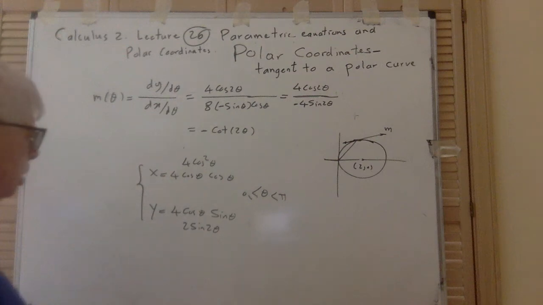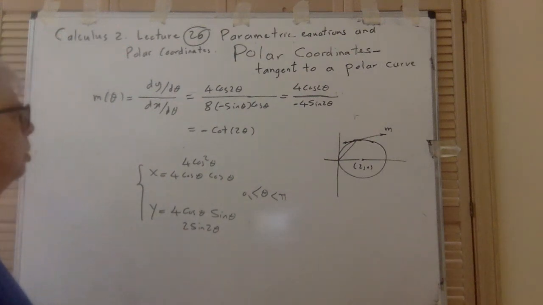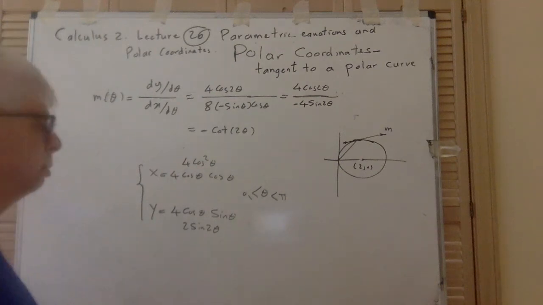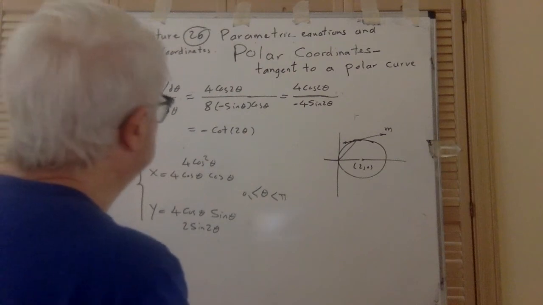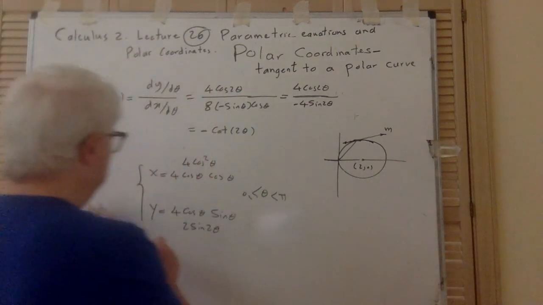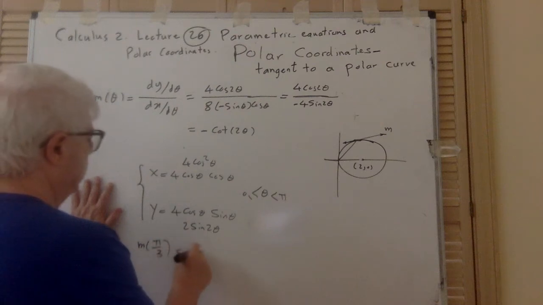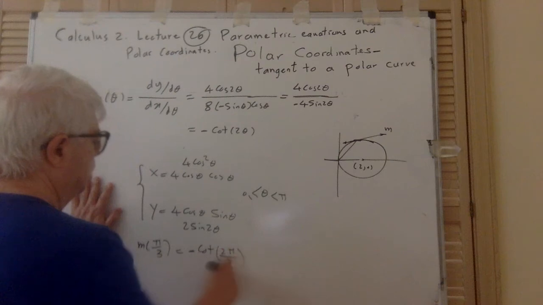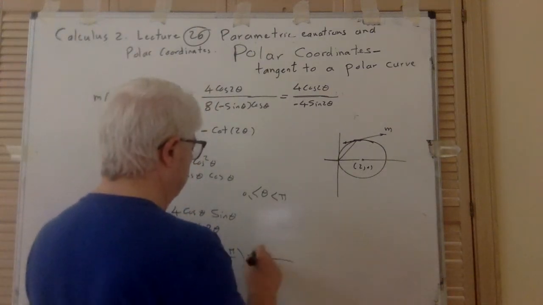Let me double check. Now at theta equals pi over 3, m of pi over 3 will be minus cotangent of 2 pi over 3. I don't know what cotangent of this is, so let's write it.